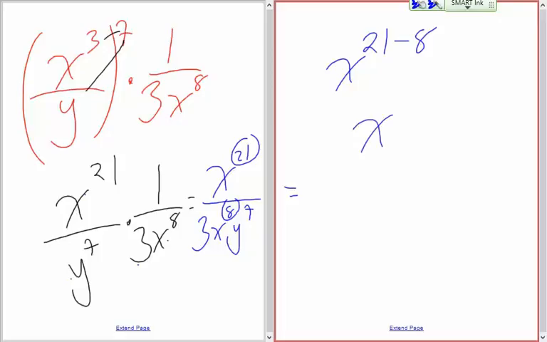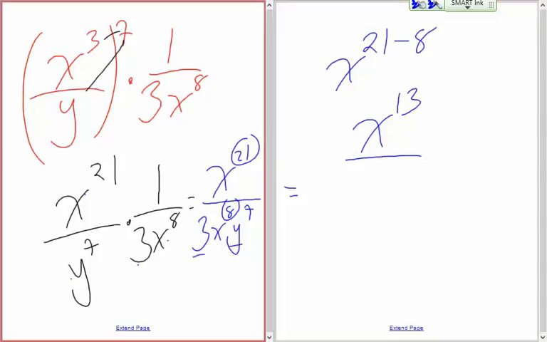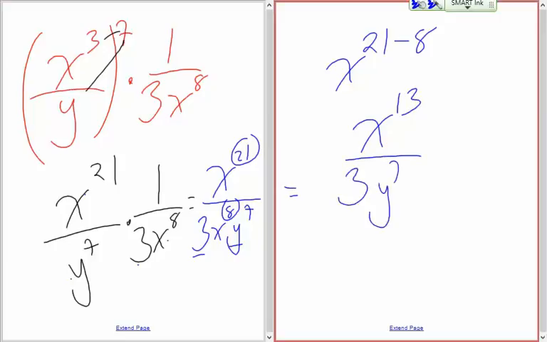So I have x to the 13th. Now what happens to the rest of these down here? I've just taken care of the x's. What happens to him and him? They stay the same. They stay where? As the denominator. Yes, as the denominator. Very nice. Y to the 7th. Is that okay?